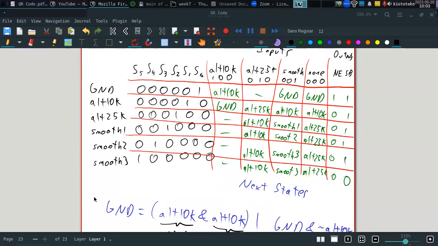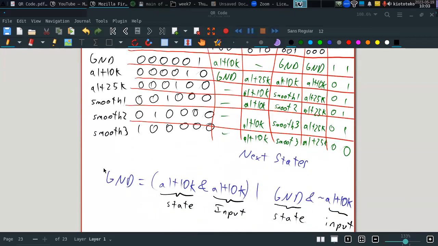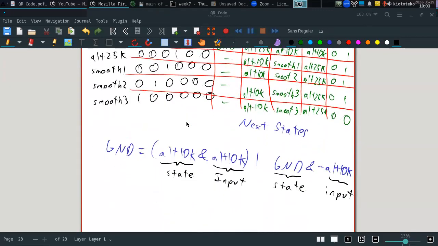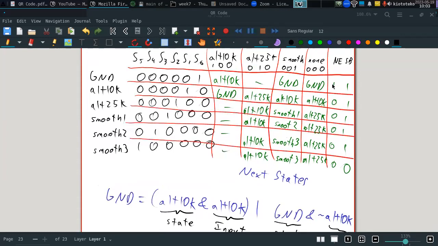And you can go with each of these next states. Like this is the next state. How do you go to this ground, in whatever state you are? So you can build all these equations, and then you can do it with the output. And then you will build your circuit, but we won't do this because it's a lot of things to do.